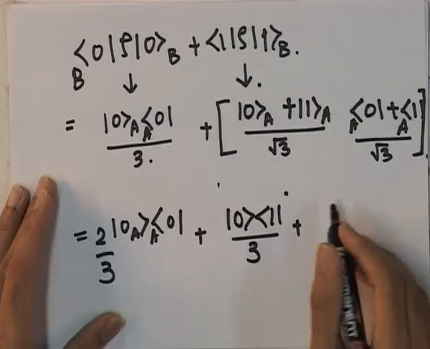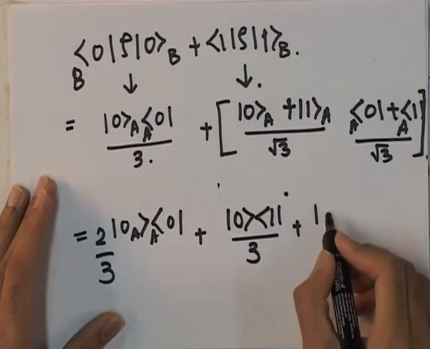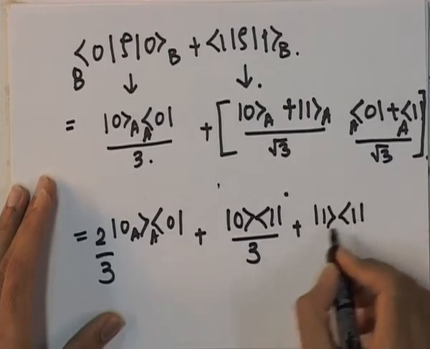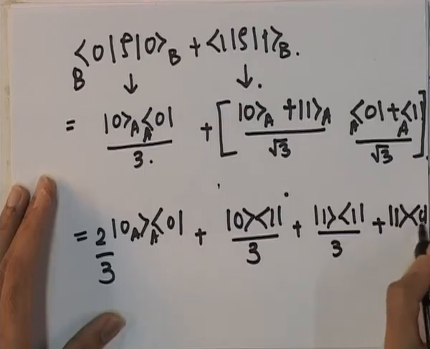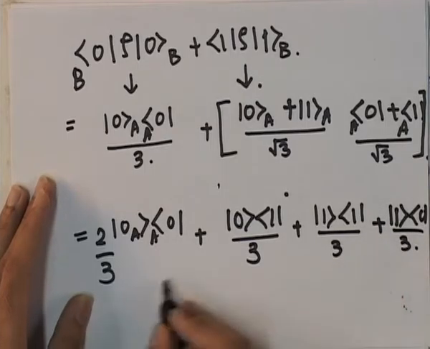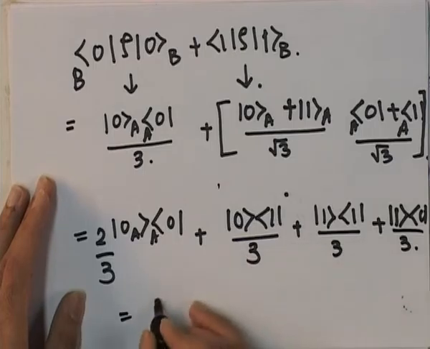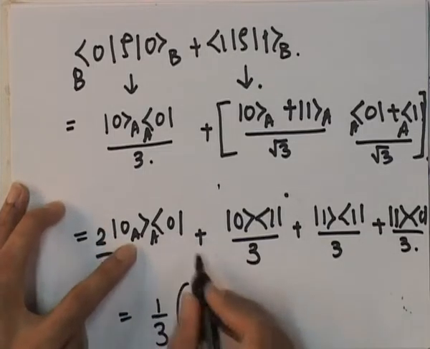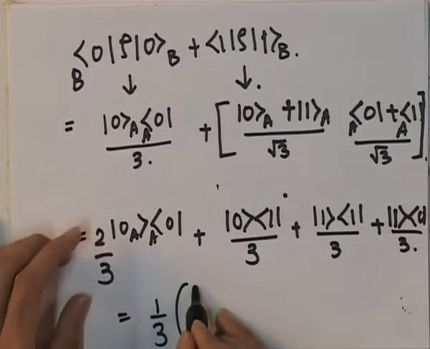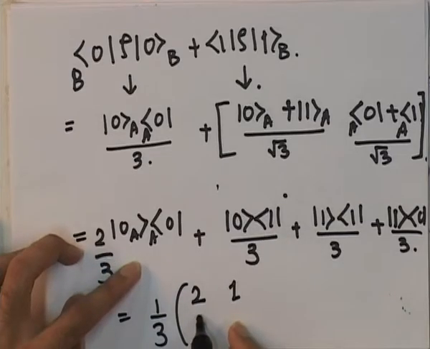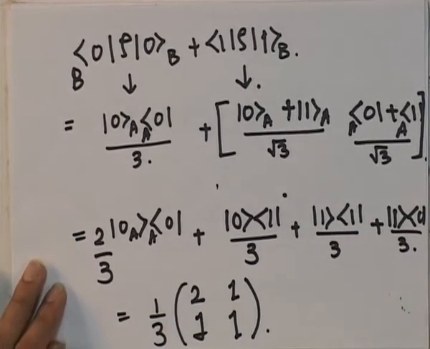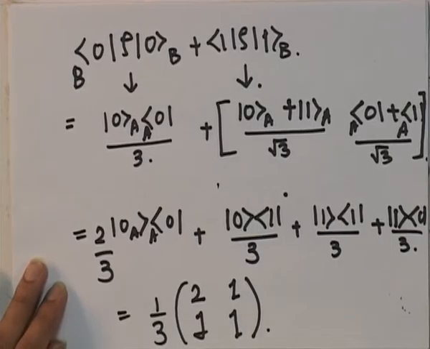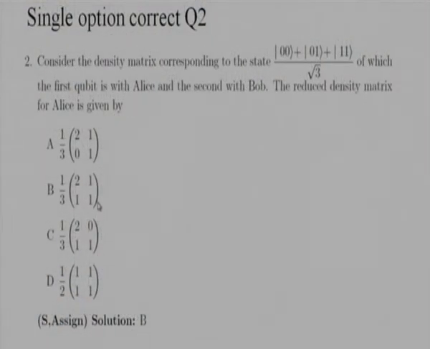So all the other terms in the matrix will have 1 by 3 as the coefficient. So in matrix form, what we have is 1 by 3, with |0><0| going in the 1, 1 place. So we have 2 here and 1 in every other place. Coming back to the options, option B is the one which we have gotten. So option B is correct.